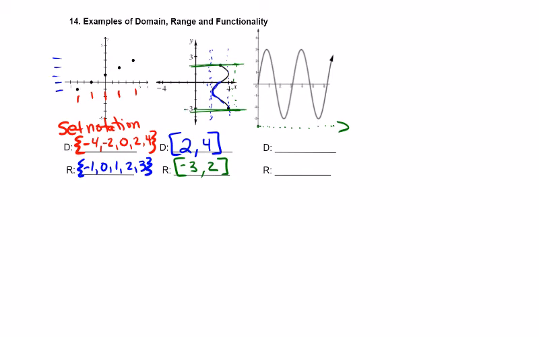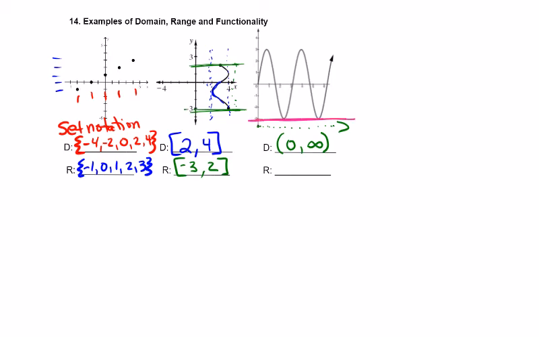Typically, when it's including that, they will identify a very significant point at the end. Because there is no significant point at the end there, we are going to say that we are starting at 0 and we're going to infinity, but we're not going to include 0 because that single filled in circle is not there.